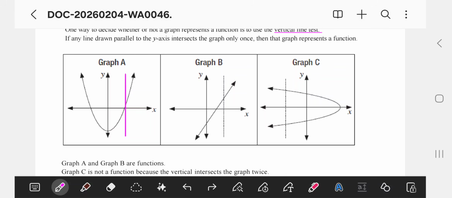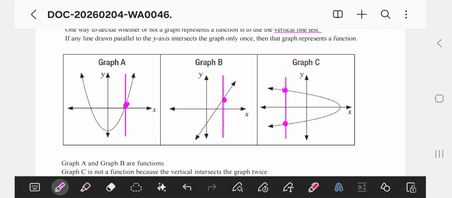Here is the vertical line, and what we are concerned with is this line cutting through the graph at one distinct point only. Let's look at graph B. There's the vertical line. It cuts through the graph at that one distinct point. However, if you look at graph C, the vertical line through this graph cuts through the graph at two different points.